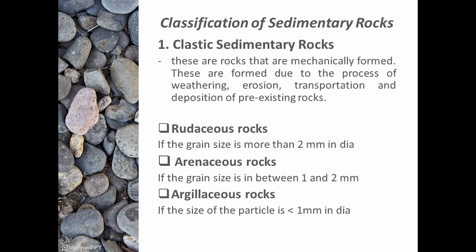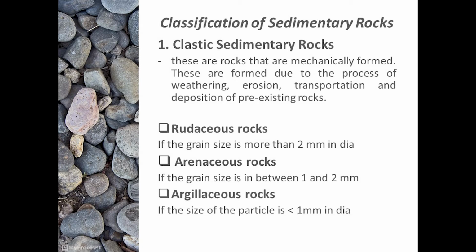When we say clastic sedimentary rocks, these are rocks that are mechanically formed due to the process of weathering, erosion, transportation, and deposition of pre-existing rocks. There are three kinds of clastic rocks. We have rudaceous rocks, arenaceous rocks, and argillaceous rocks.